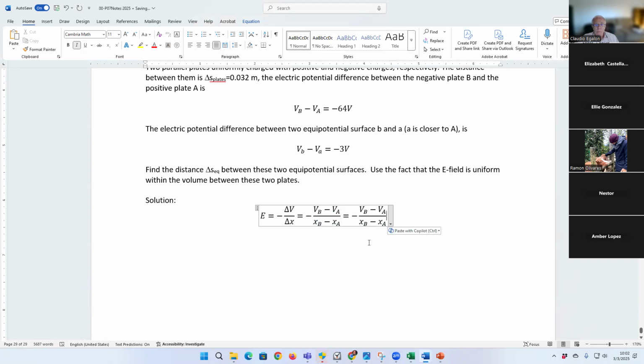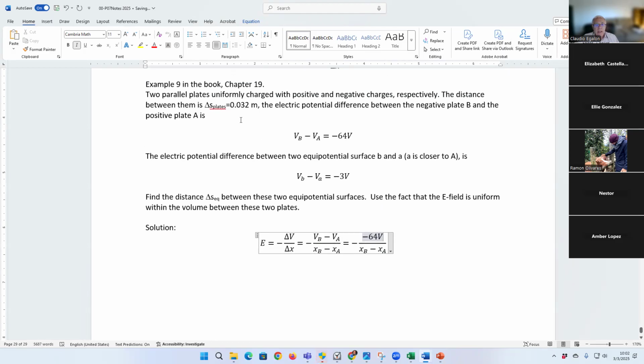VB minus VA is minus 64 volts. XB minus XA is going to be the delta X of the plates, 0.032 meters.